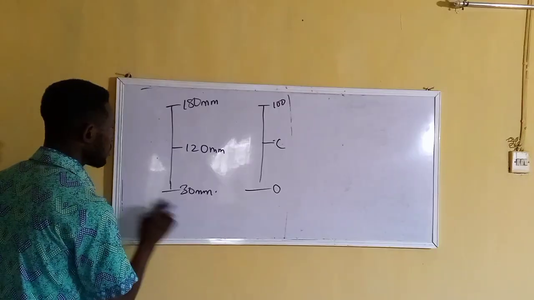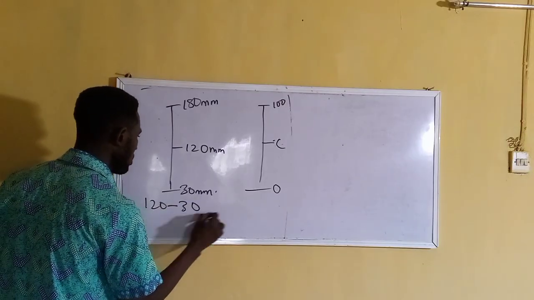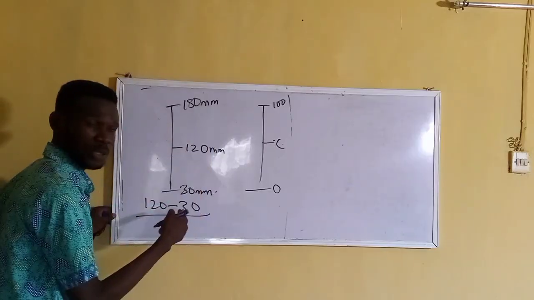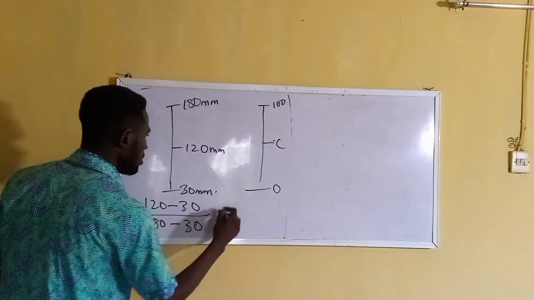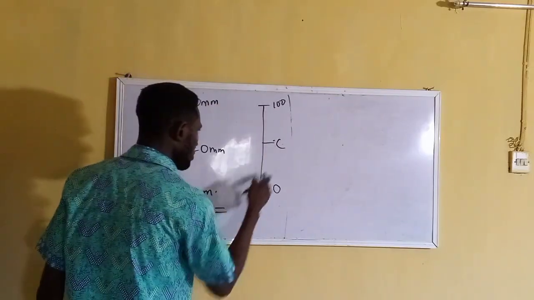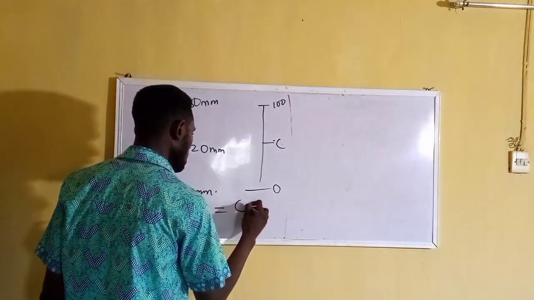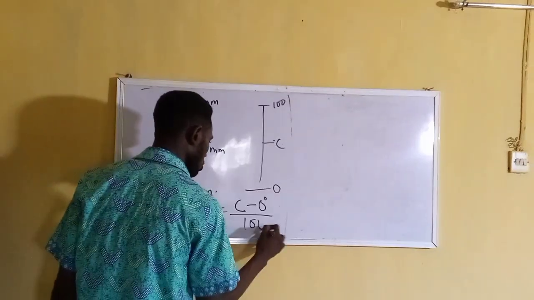We'll be having 120 minus 30 over the interval scale, which is 180 minus 30, equal to C minus 0 degrees over the interval scale, which is 100.